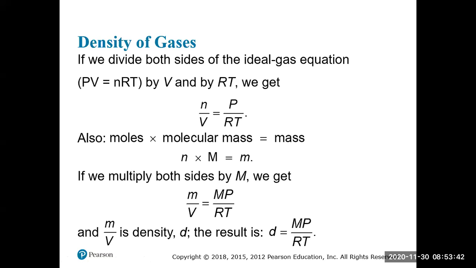Remember, once again, that the ideal gas equation is PV equals nRT. If we divide both sides of this equation by V and by RT, then we get number of moles divided by volume equals pressure divided by the constant times temperature.